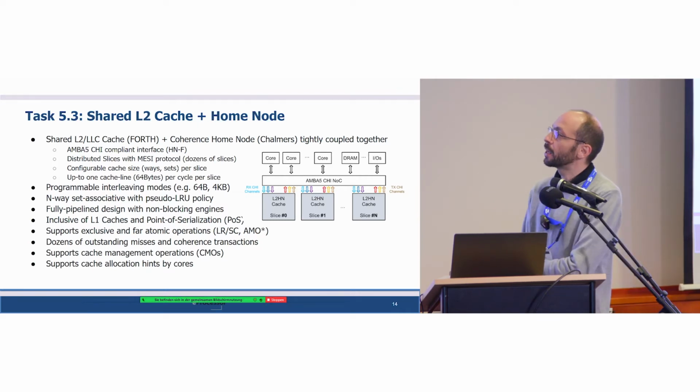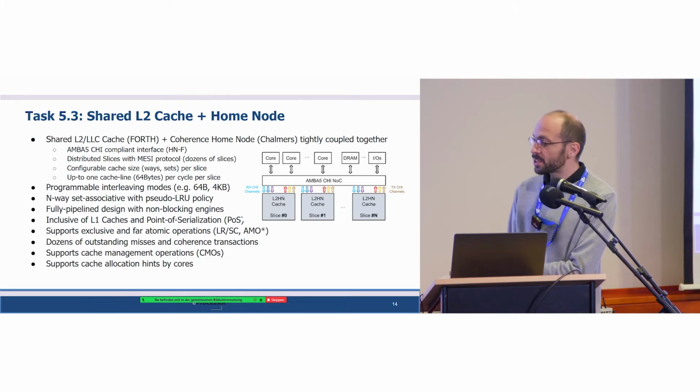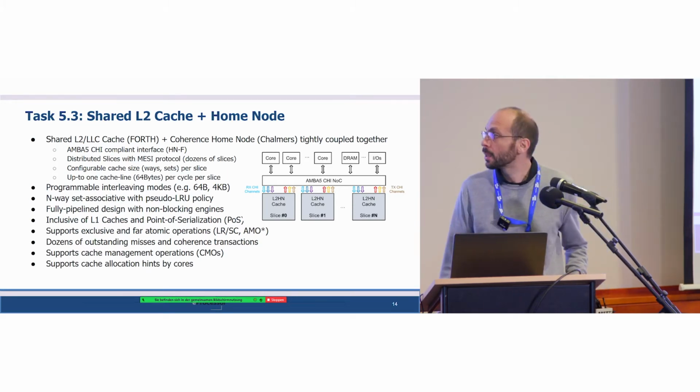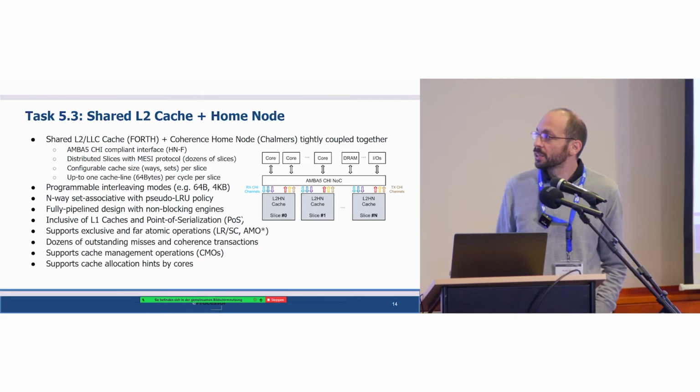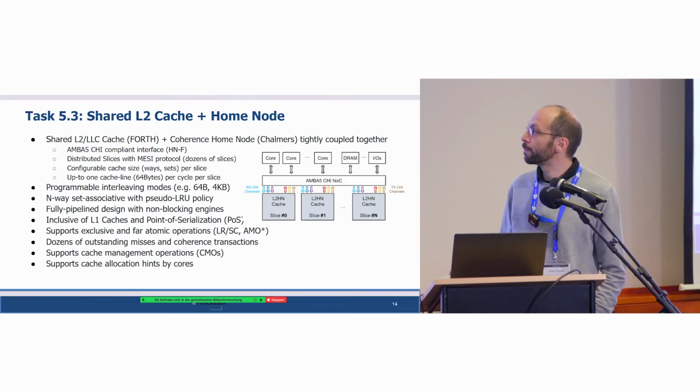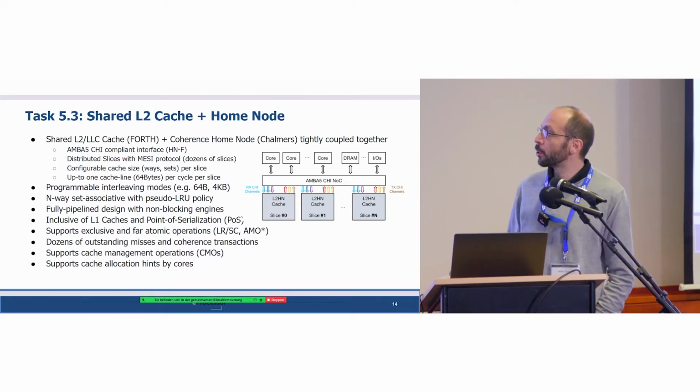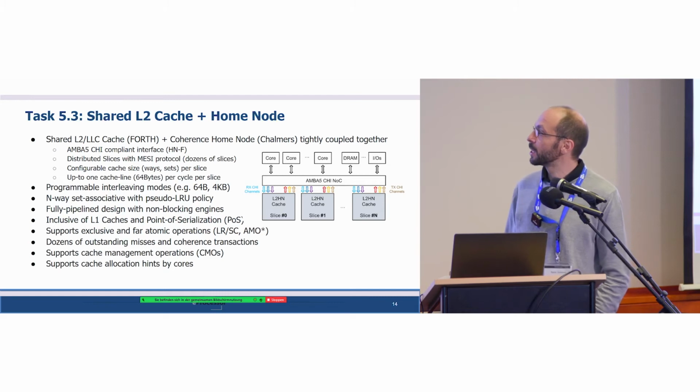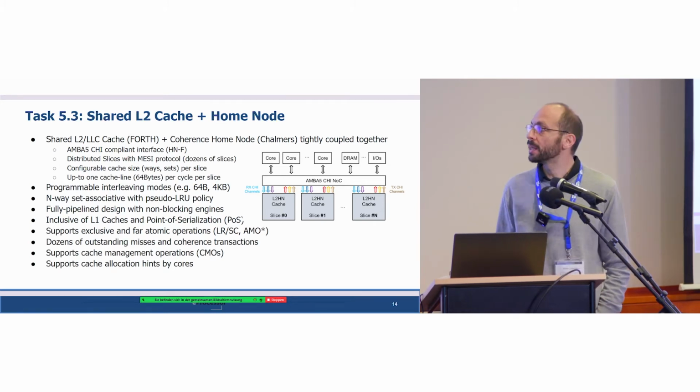Let's talk about the L2 cache home nodes a little bit. This stems out of the EPI project. It's a shared L2 cache from FORTH and a coherence home node from Chalmers. It's AMBA 5 CHI compliant.